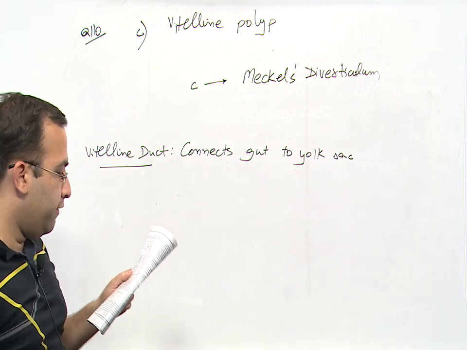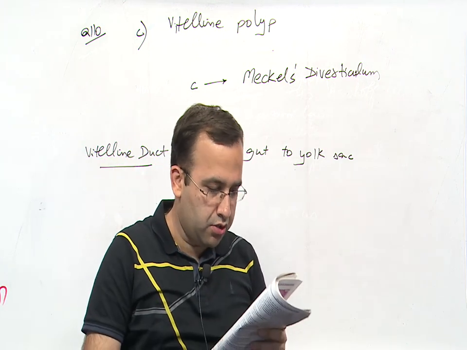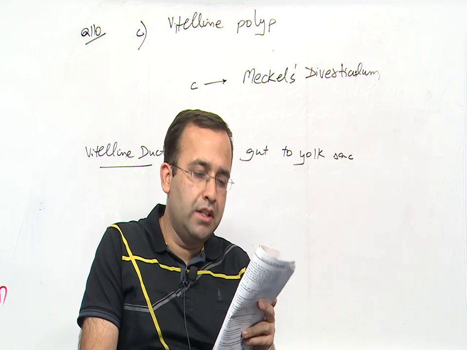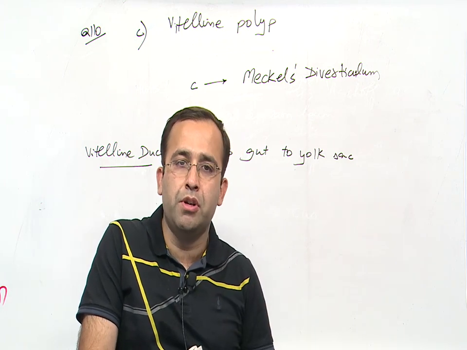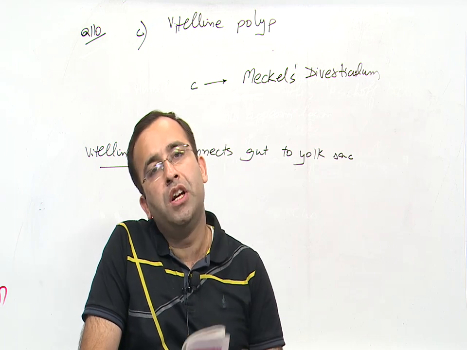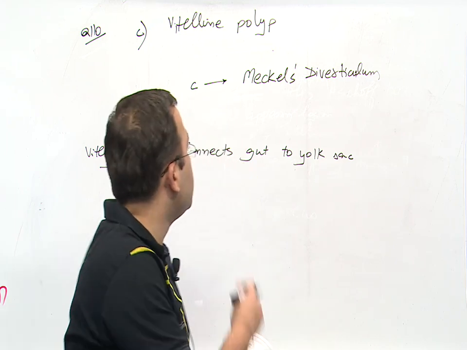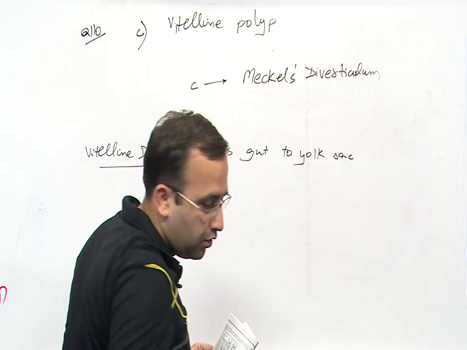So in the first option, you have a cyst in the vitelline duct. That's okay. In the second, it is leading to a sinus formation and is draining onto the umbilicus. Fourth is a vitelline band. So A, B and D are matching, whereas C is Meckel's diverticulum.